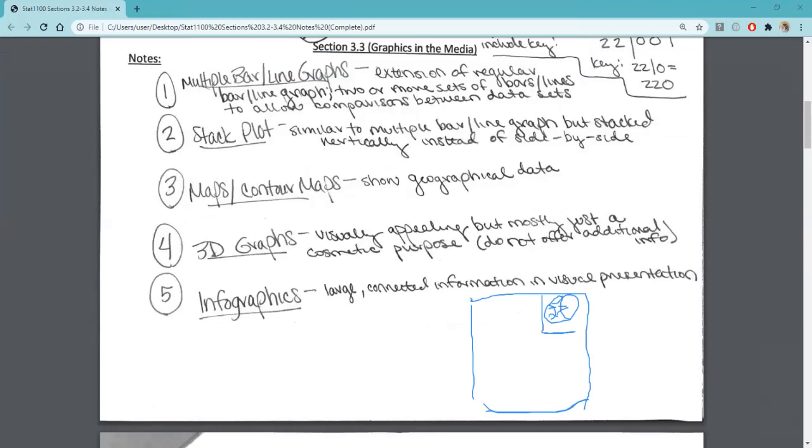We have another piece of information right here, maybe about where he grew up. We might have another piece over here, and it just talks about some other information. More information here, more information here, right? And so it's all information that has to do with the same thing, but it's presented very visually and with quite a few different graphics all on one presentation.